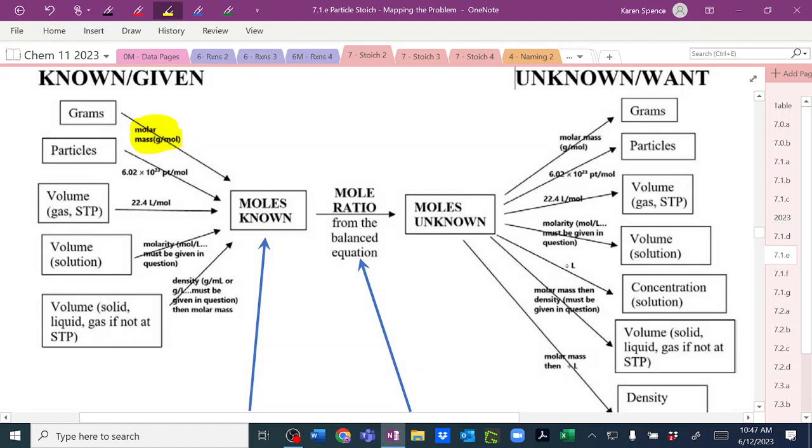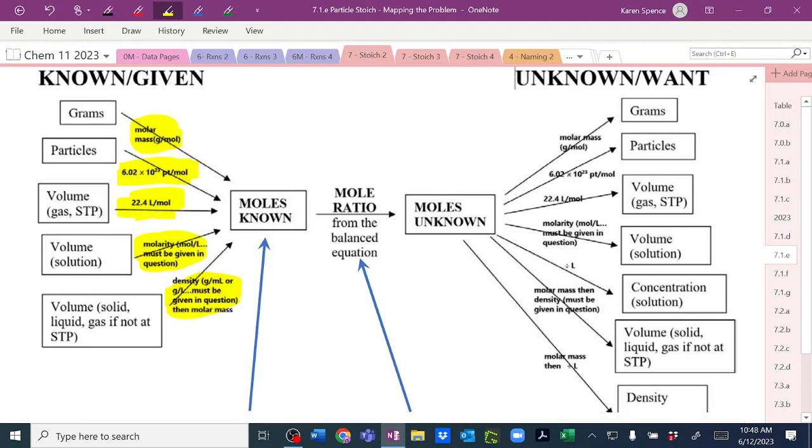If I start with particles, I'm going to use Avogadro's number. If I start with volume of a gas, I'm going to use 22.4 liters per mole. If I start with volume of a solution, I will use molarity. And if I start with volume of solid, liquid, or gas not at STP, I will use density.